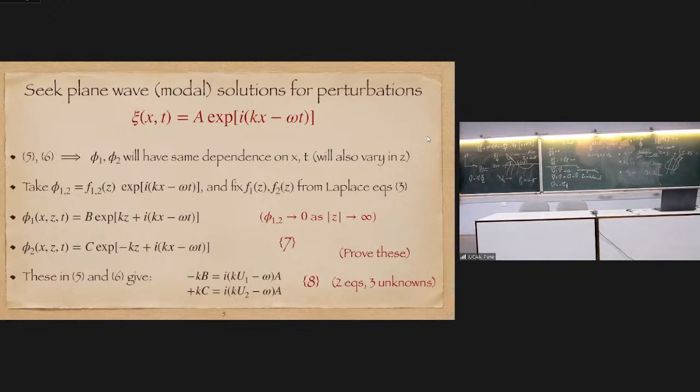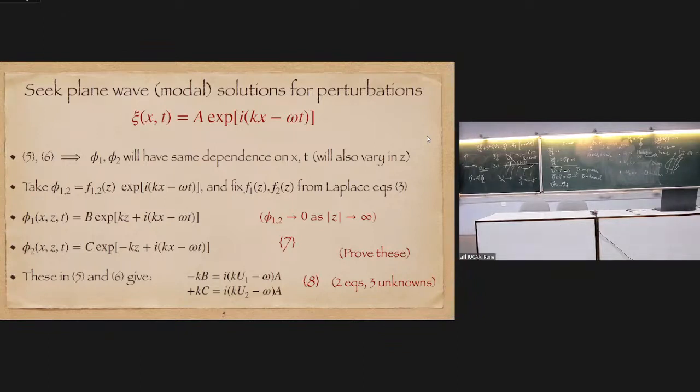So anyway, you can see a solution like this, but for phi 1 and phi 2 you have to be careful because they have to satisfy the Laplace equation. They will have z dependence as well, but you can work it out very easily. You take a plane wave solution in x and time, multiplied by a z dependent amplitude. phi 1 and phi 2 are the perturbed velocity potentials below and above the surface. Put it in the Laplace equation and work it out.